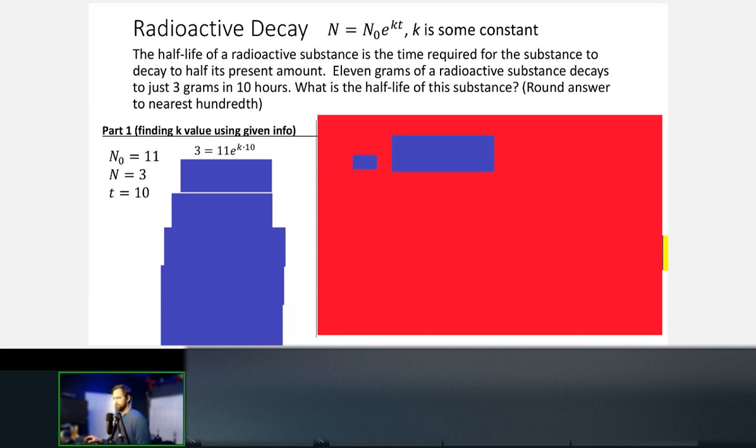What should we do? Divide both sides by 11. Let's do it. Let's divide both sides by 11. That is perfect. So far, so good. Now what do we do?